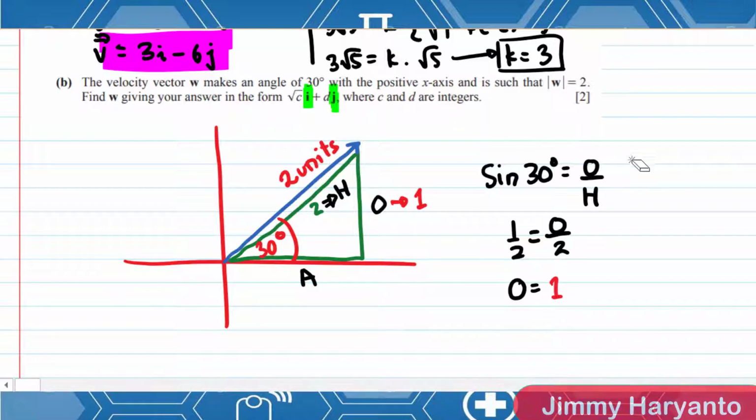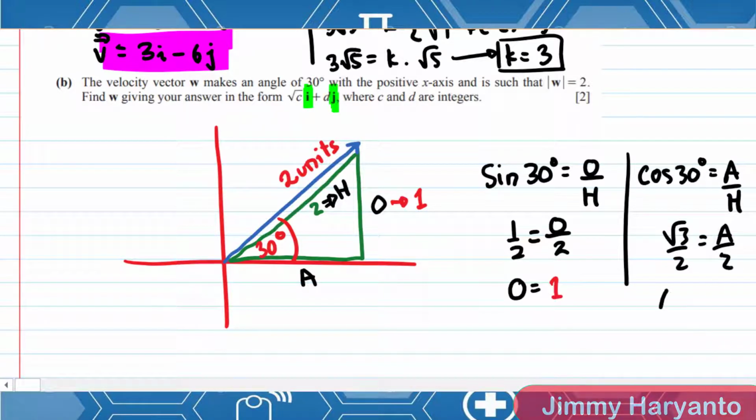Okay. Next is using cos. Cos 30 degrees equals adjacent over hypotenuse. Square root of 3 over 2 equals adjacent over the hypotenuse, which is 2. So the adjacent will be square root of 3. So I will have this one as square root of 3.